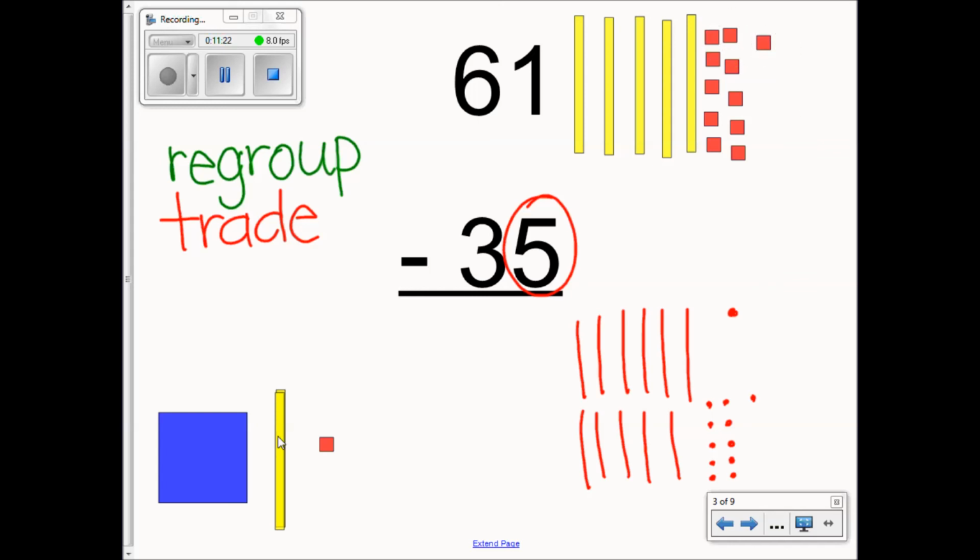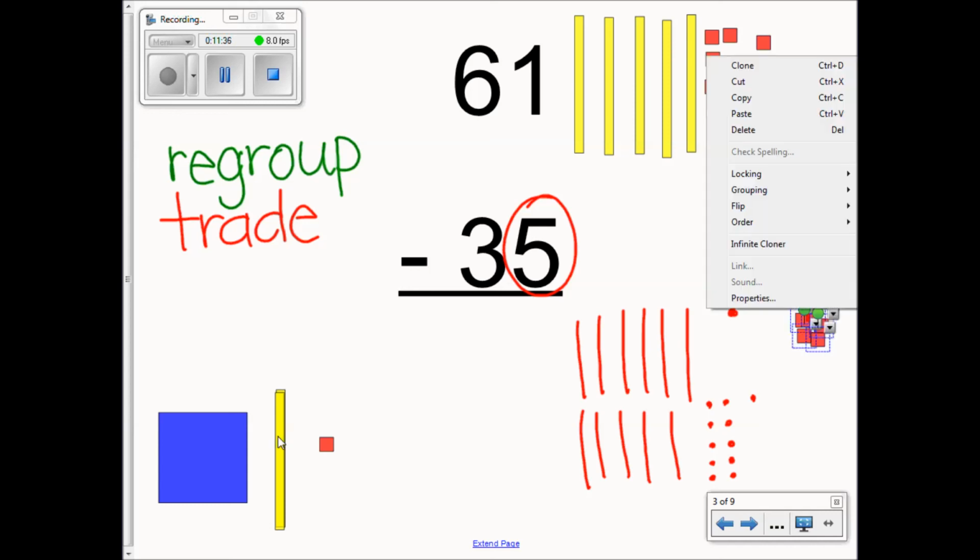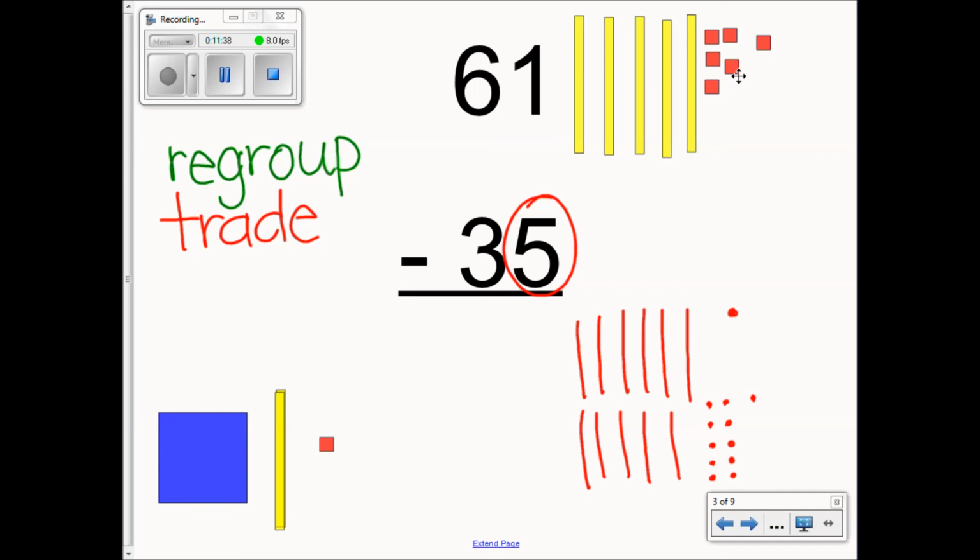So now I have 11 ones. Can I subtract 5? Yes, I sure can. I can subtract 5. 1, 2, 3, 4, 5. Here I go. I'm going to go ahead and cut them. Good. Let's see how many ones I have. 1, 2, 3, 4, 5, 6. I have 6.